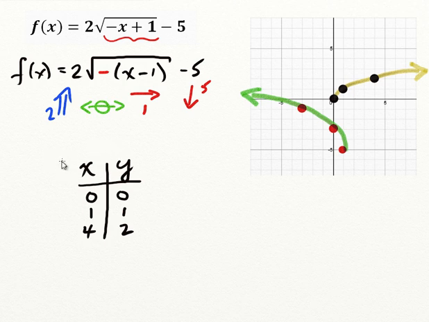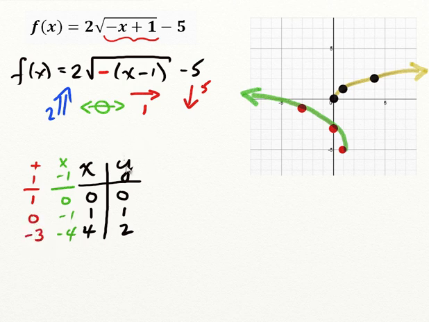So I'm going to multiply all of these values by -1, and that gives me 0, -1, and -4. Okay, the next thing I'm going to do is take care of this horizontal translation of 1. It's to the right 1, so I'm going to add 1 to all of these x values. So let's add 1, and that gives me 1, 0, and -3.